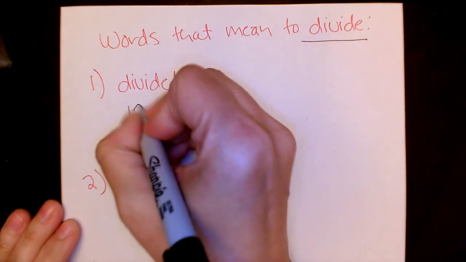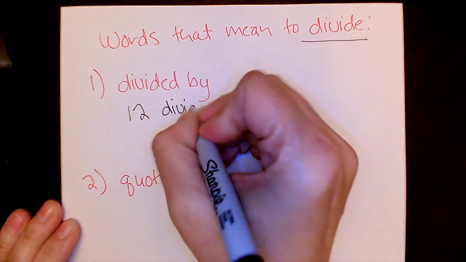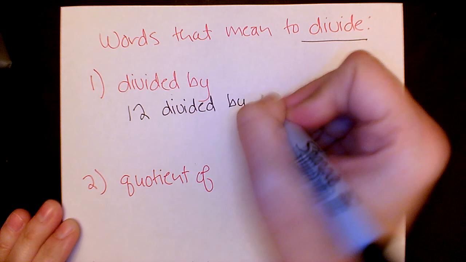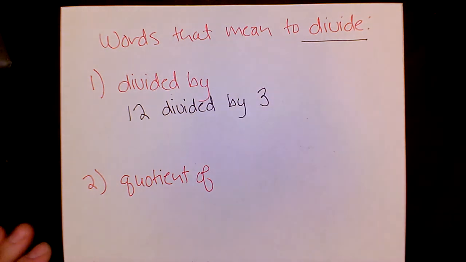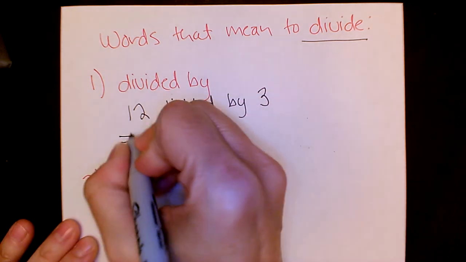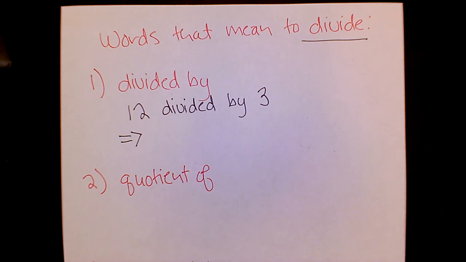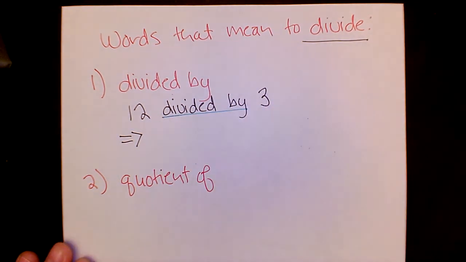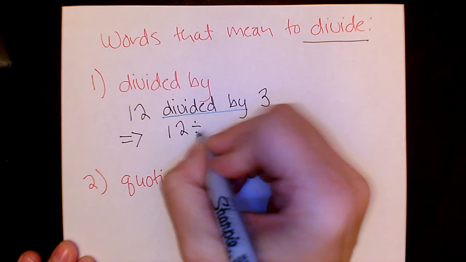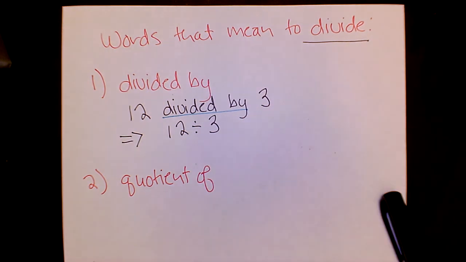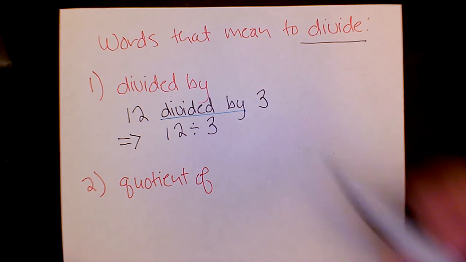So if you see something like 12 divided by 3, that's the English. I'm going to write it in math. Divided by is my key word. So I'm going to write 12 divided by 3. And that is not simplified. If it asks to simplify, then you would just simply take 12 divided by 3 and get 4.